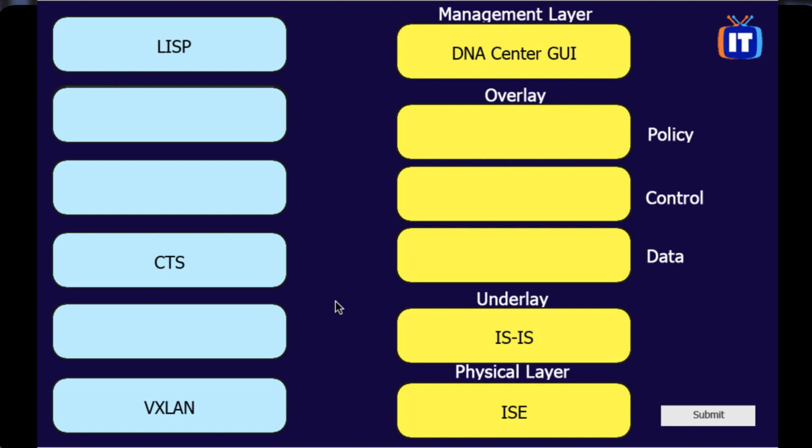And then this is where it gets super tricky. We could identify LISP and VXLAN and Cisco TrustSec as being our overlay technologies, but what specific overlay technologies? Well, you might remember from our discussion a moment ago, we would put the Cisco TrustSec at the policy layer there. We would put the LISP at the control layer and VXLAN at the data layer.